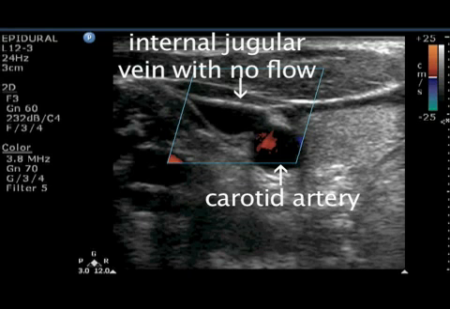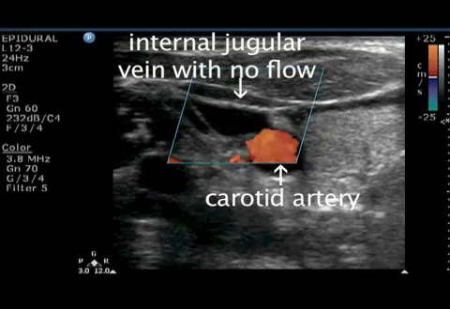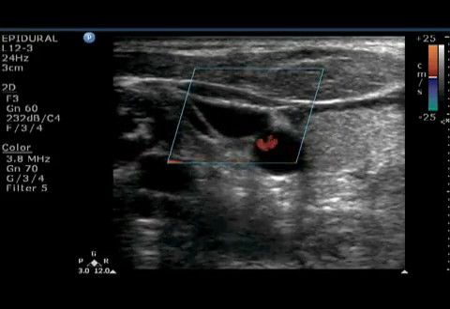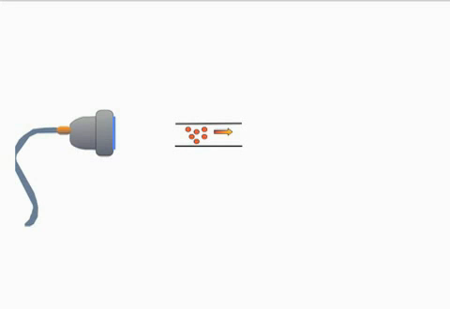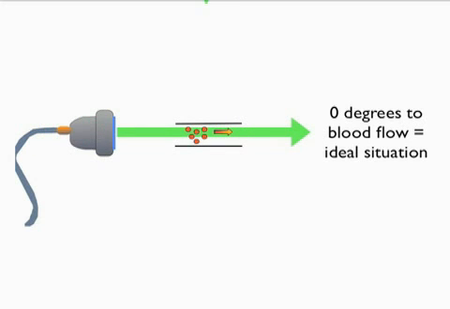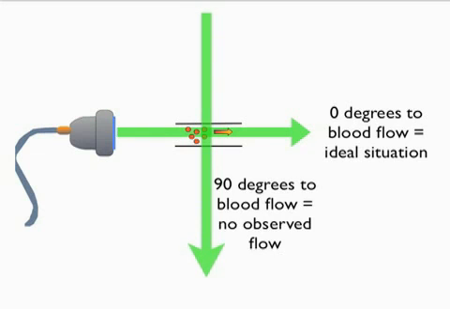Here we see the carotid artery and internal jugular vein. However, it appears that there is no flow within the internal jugular vein. It turns out that the Doppler equation mandates that the angle between the blood flow and the ultrasound beam be at 0 degrees.